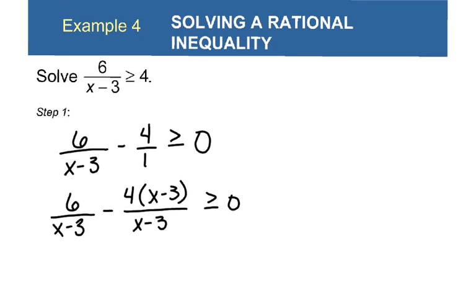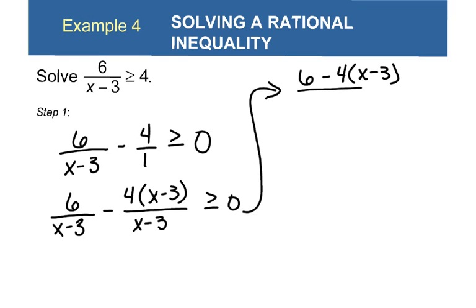Alright, so we have a common denominator, so we can put together our numerators. I'm going to come up here and do that. Okay, so 6 minus 4 times x minus 3, all over x minus 3.